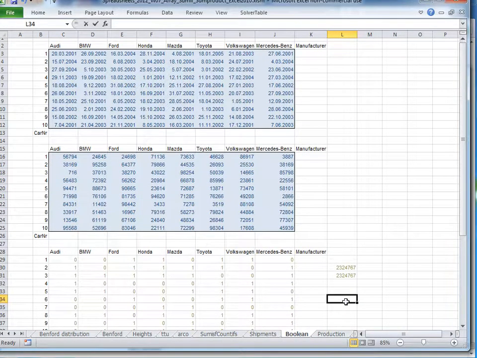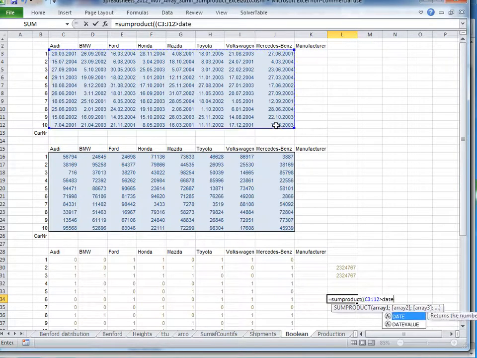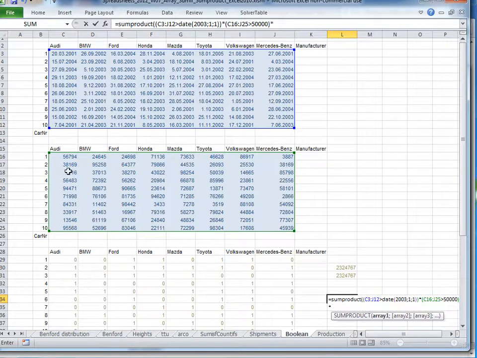Equals sumproduct, double parenthesis, first table, bigger than date 2003 semicolon 1 semicolon 1, parenthesis closed, multiplying it with another set of parentheses, now taking the second table, comparing it with 50,000, parentheses get closed, and another multiplication, and now we multiply with the mileages.